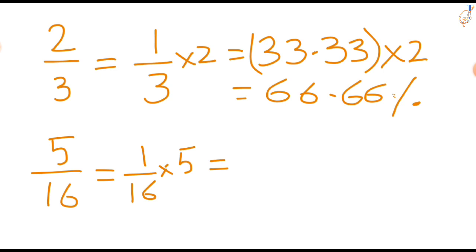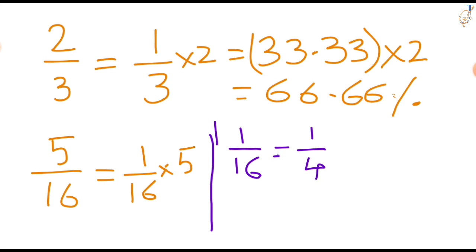Just simply split this 1 by 16. So 1 by 16, we can write it as 1 by 4 times 1 by 4. We know that 1 by 4, the value is 25 percentage.